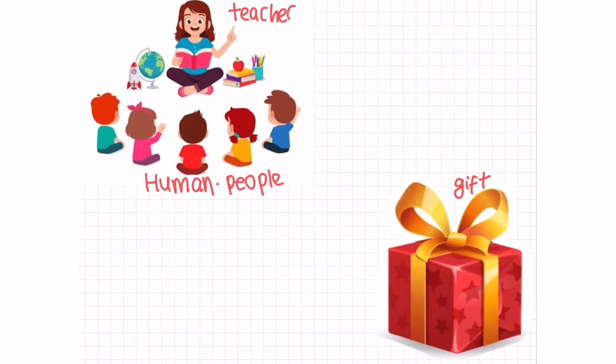Next up, we have a teacher. Teacher in Korean, we say 선생님. So, 선, 시옷, 는, 선생, 시옷, 이.